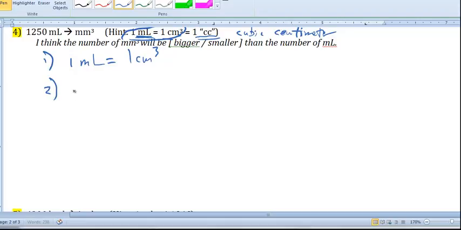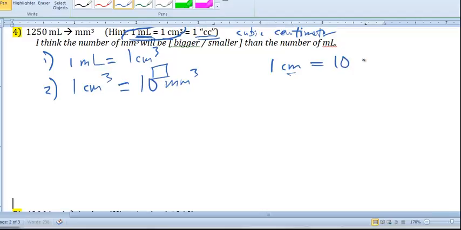The second equivalence we need is getting from a centimeter cubed to a millimeter cubed. And because these are both in the metric system, it's going to be a power of 10. We just have to figure out how much. What is that power? So over here, we can start. You can always start from scratch and say, okay, let's just take non-cubed centimeters and figure out how many millimeters we'd need, right?